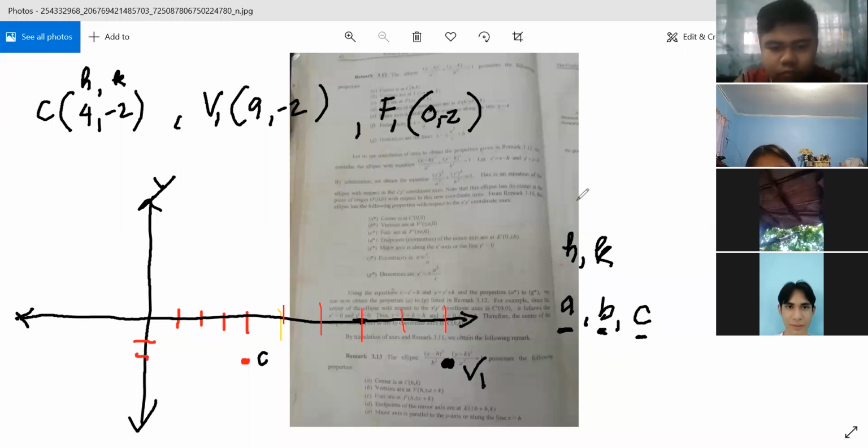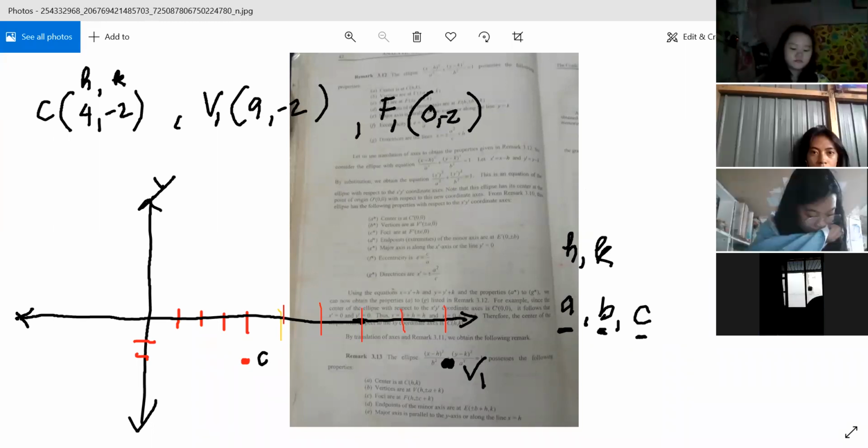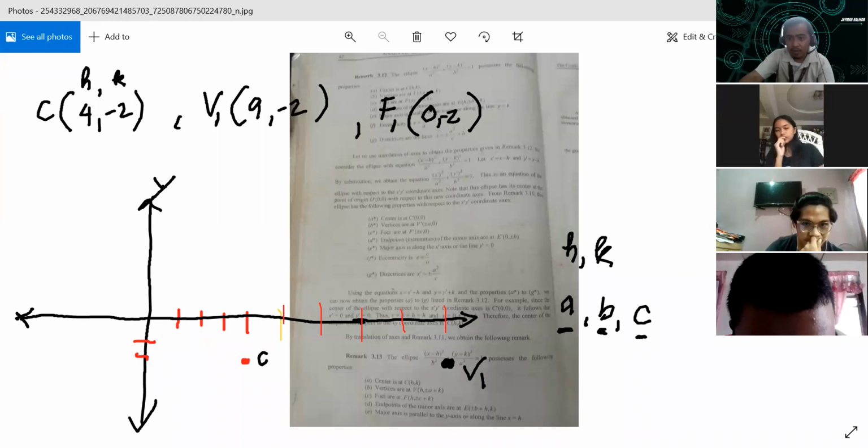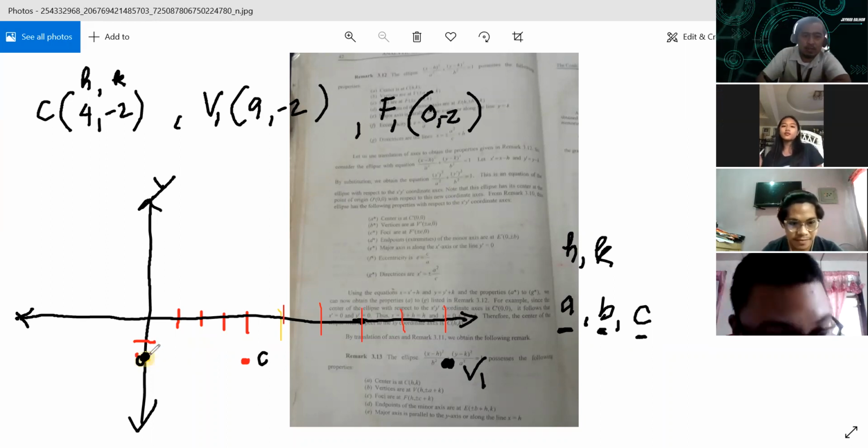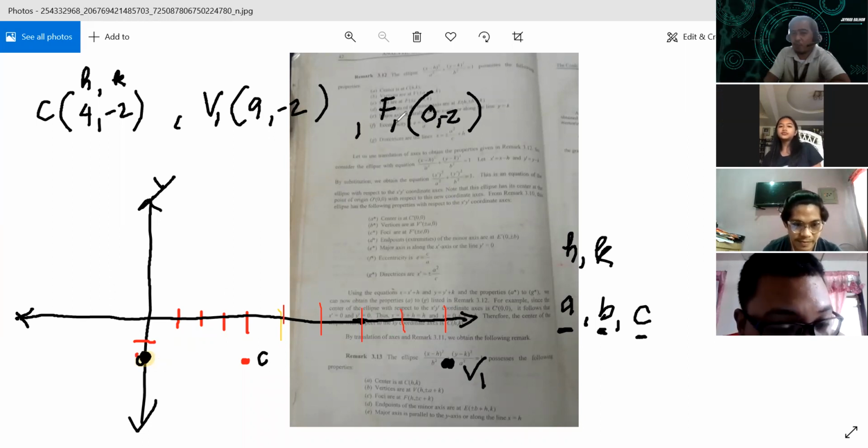Okay, for the focus, graph zero and negative. Okay, good. Very good, Amin. It should be 0, -2.